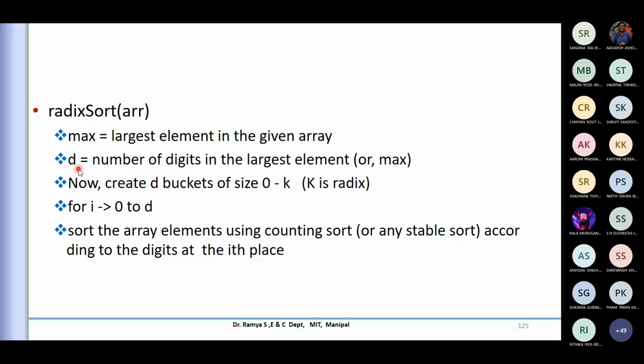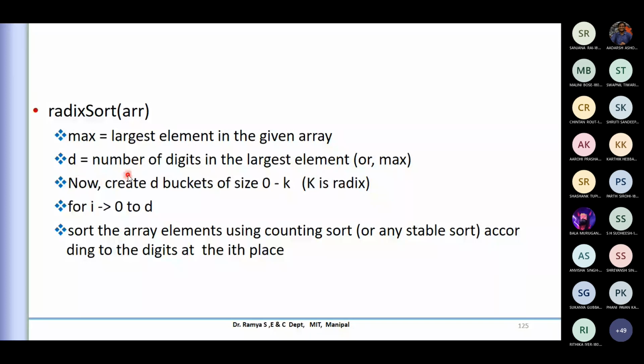If I've got a binary system, I'll have two partitions. If I've got a decimal, I'll have 0 to 9 partitions, because in each one I'm trying to reorder or group them based on the base system. That is the second step.